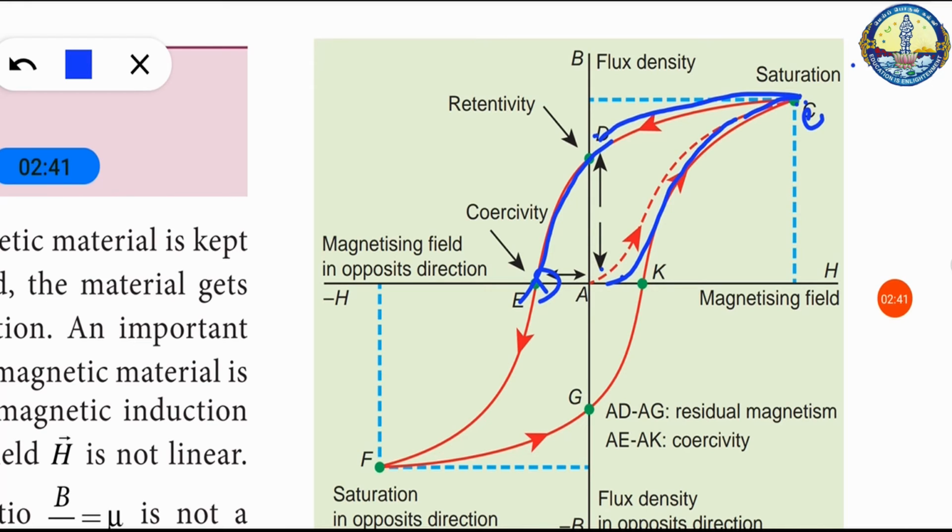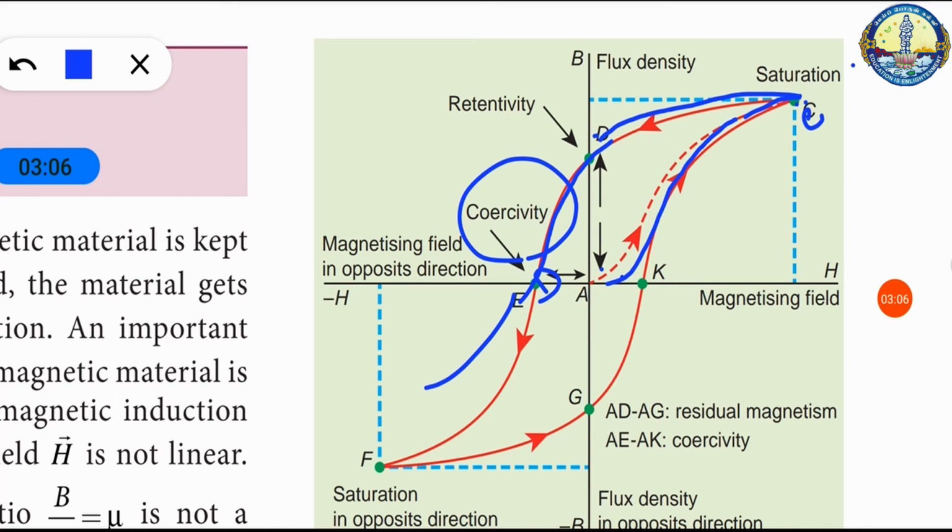The magnitude of the reverse magnetizing field for which the residual magnetism of the material vanishes is called the coercivity. Further, we are increasing H in the reverse direction.